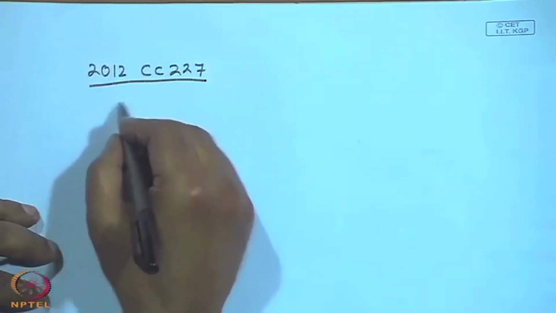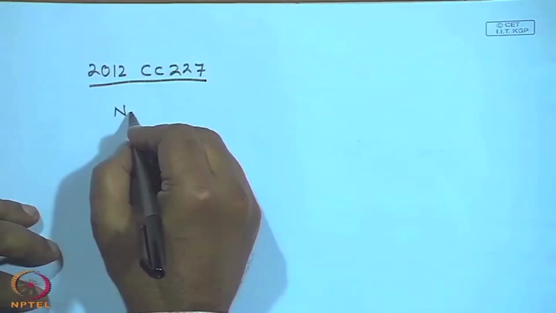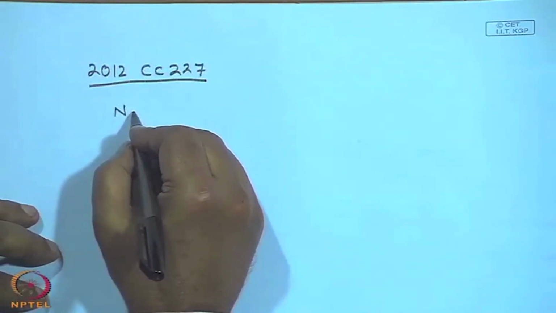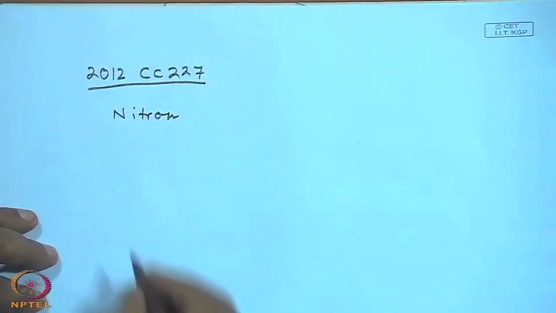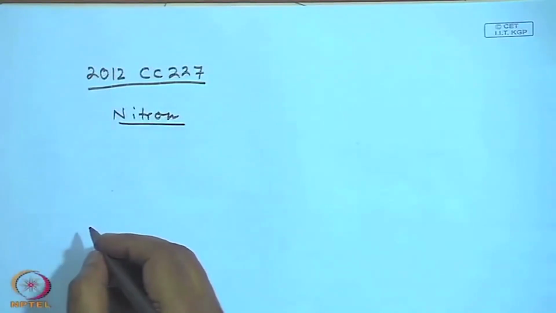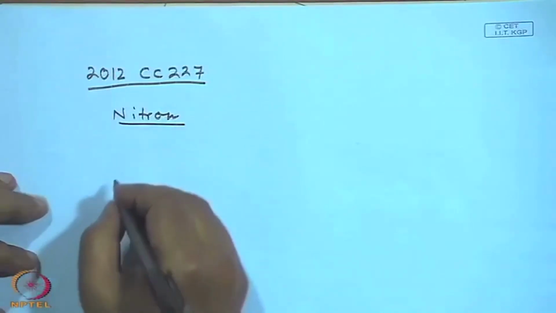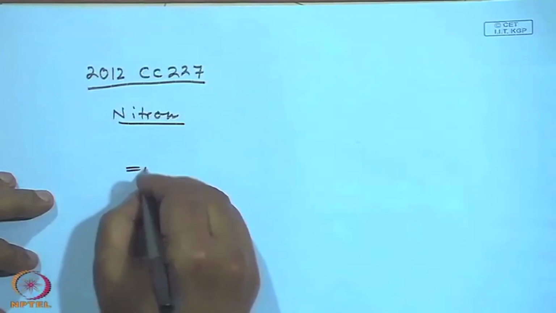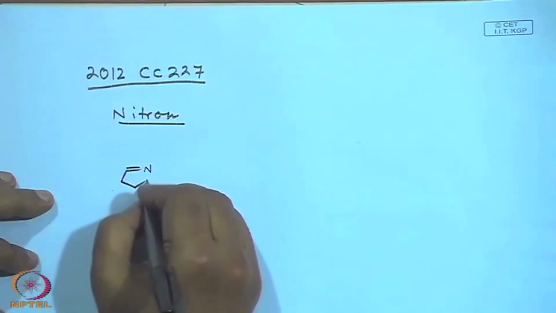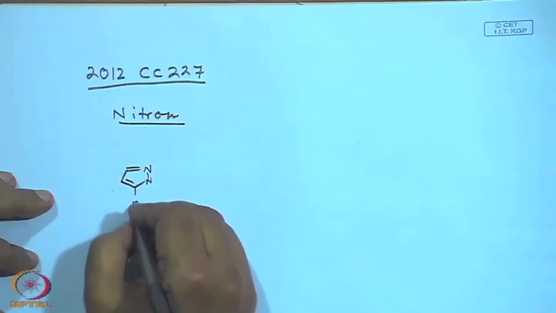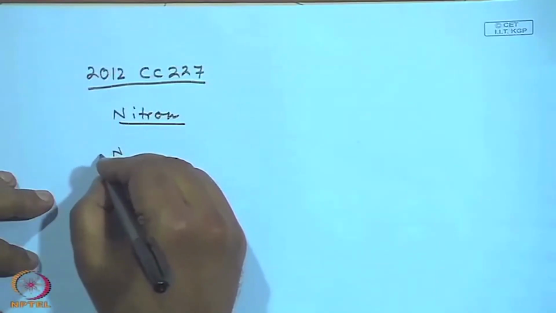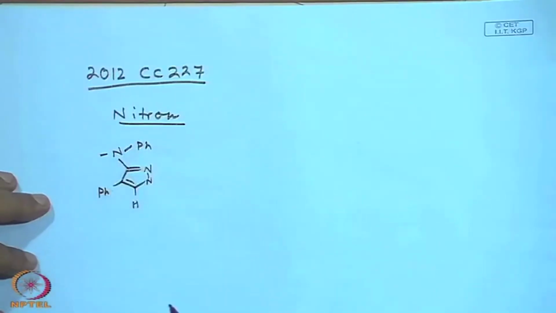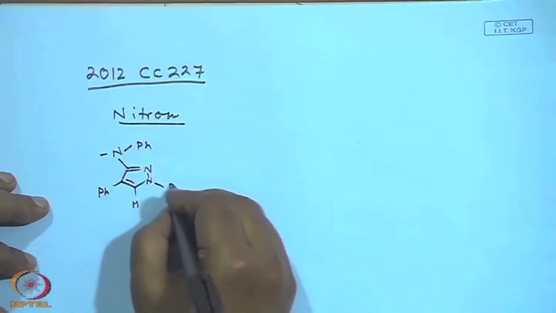The compound is a nitrone, not nitro, okay, nitrone, and the structure was originally proposed to be a triazole, with nitrogen and nitrogen here, and hydrogen. People believed this was the structure.